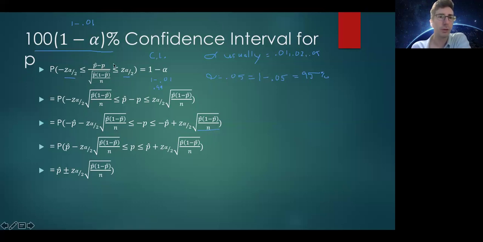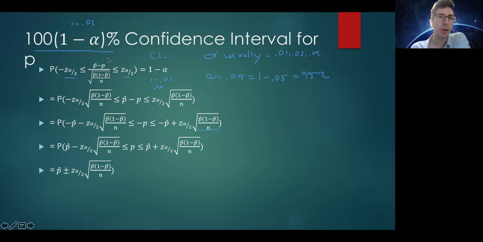So if we start with this and we try to get the population proportion by itself, what can we do first algebraically to essentially simplify this, make it kind of go away? Well, we can multiply by the denominator, which is the square root of p hat times 1 minus p hat over n, right?